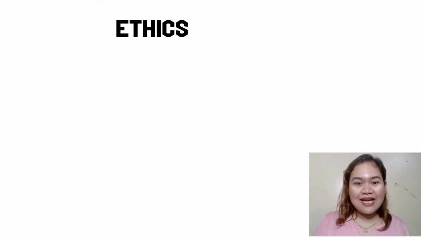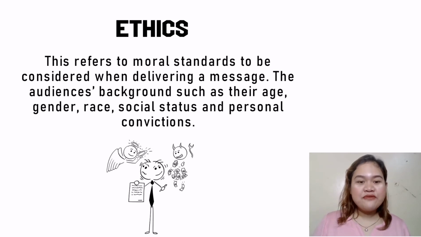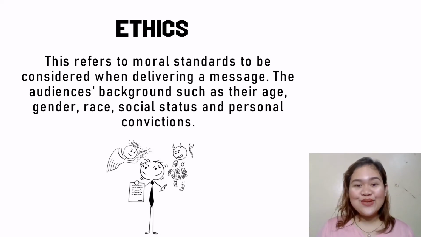The fourth consideration is ethics. This refers to the moral standards to be considered when delivering a message. The audience's background, such as their age, gender, race, social status, and personal convictions. Learn to know your audience to avoid discriminatory acts like misleading judgments, which may be unintentional.